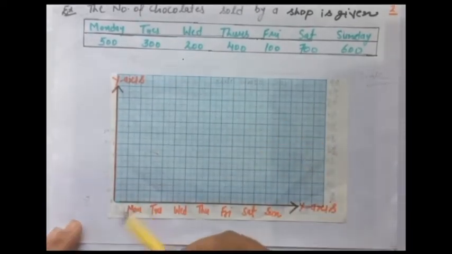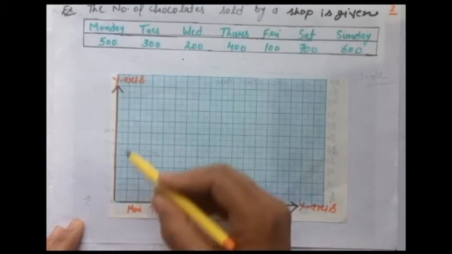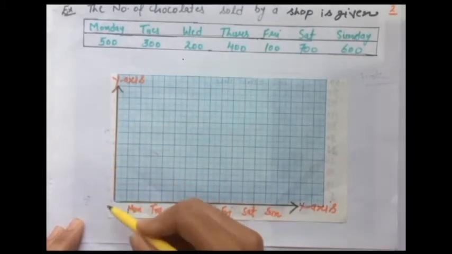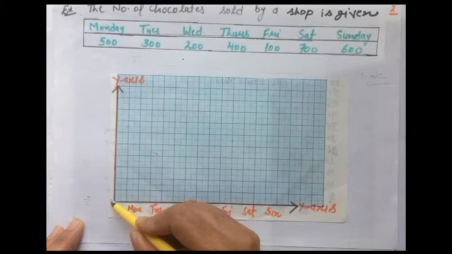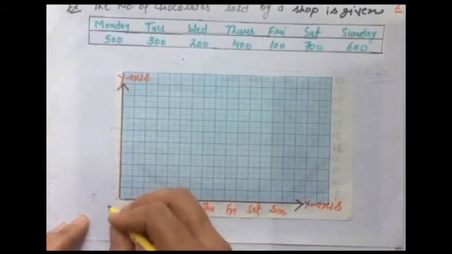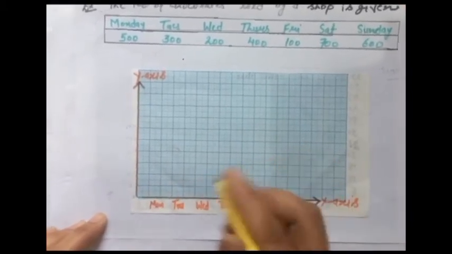So we start from 0, where y-axis and x-axis meet. Here we will write 0.